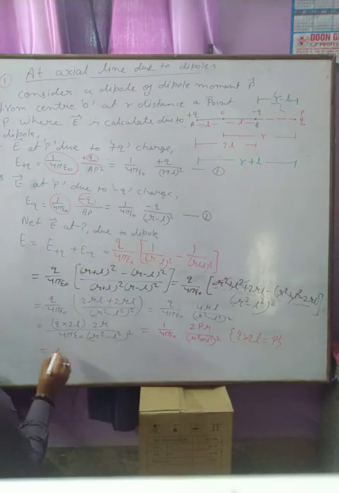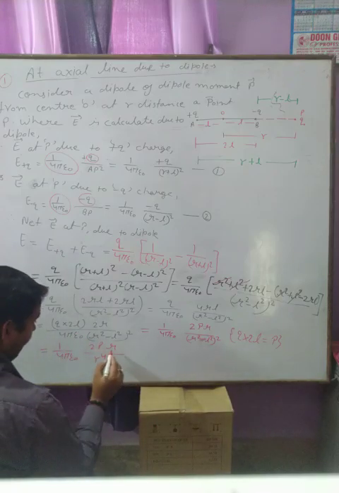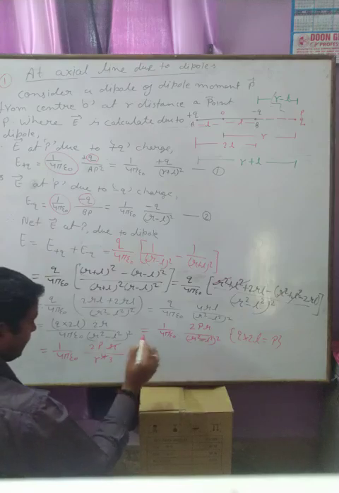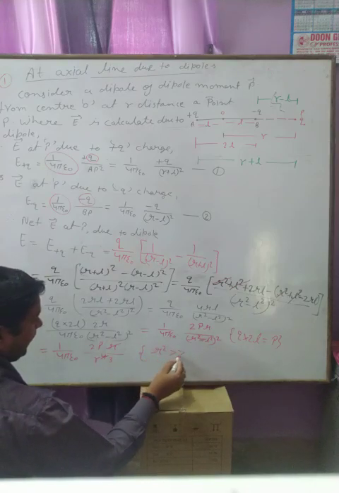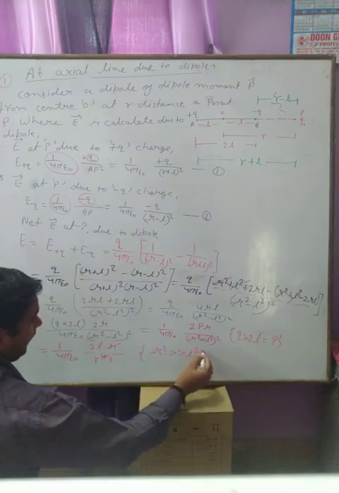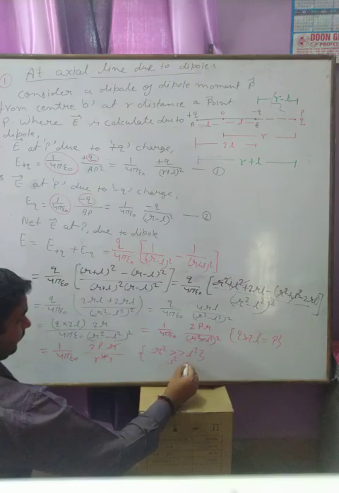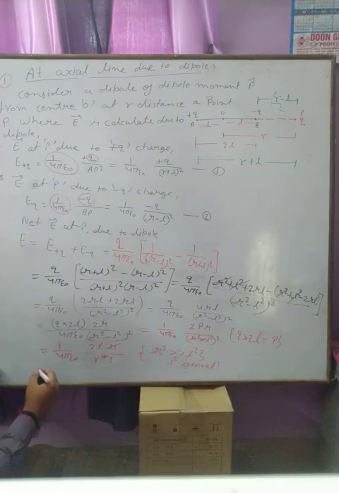Now we get 1 upon 4 pi epsilon naught, 2PR upon R to the power 4, and this R cancels by three times, because R square is very much greater than L square, so L square is ignored in the calculation.